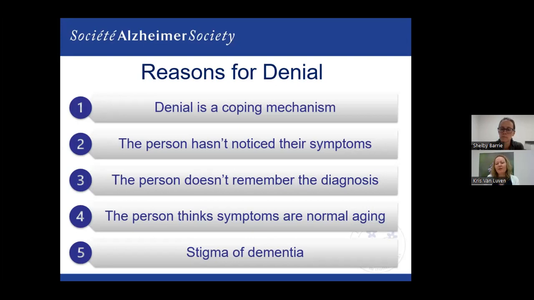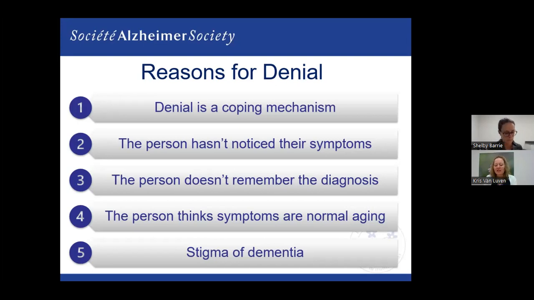Out of fear of the types of reactions that they might receive from their friends or from family, the person might be reluctant to talk about the changes that they're experiencing, and they may delay sharing with others that they have dementia. And from an outsider's perspective, this withholding of information or keeping the diagnosis a secret, or the person's refusal to admit that they're living with dementia, might look like denial.